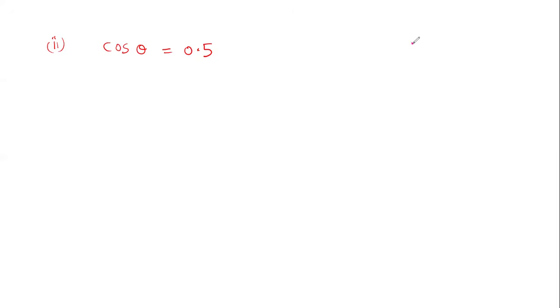Now, I want to first draw this. You know that all students take. Now, the next thing you need to understand, you ask yourself, in which quadrant is cos positive? Cos is positive in the first and in the fourth.